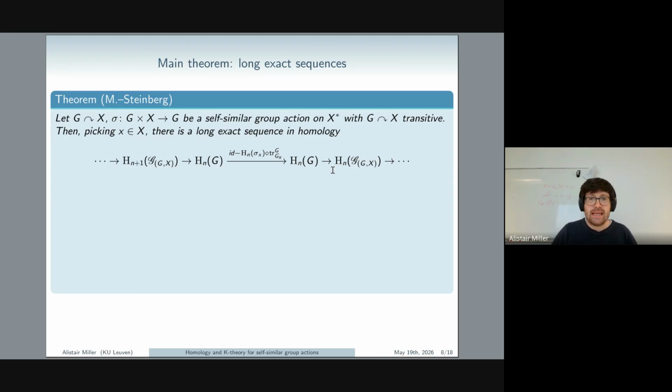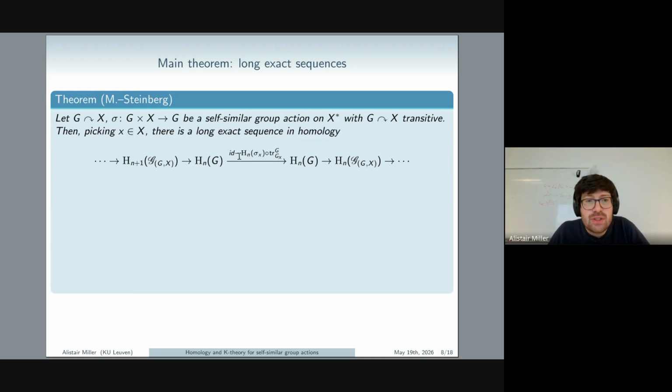So what does this say? It says that we have a long exact sequence where the groups we want to compute are 1 out of 3 terms, and 2 out of 3 terms are the homology of the group here. And moreover, we have a very explicit form for the connecting maps between these things.